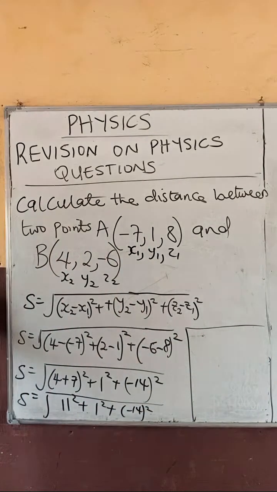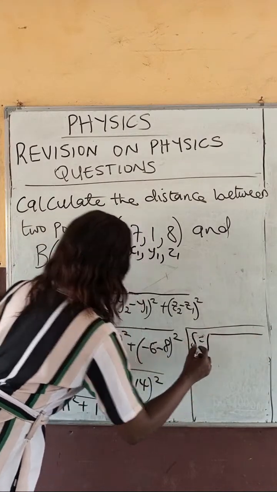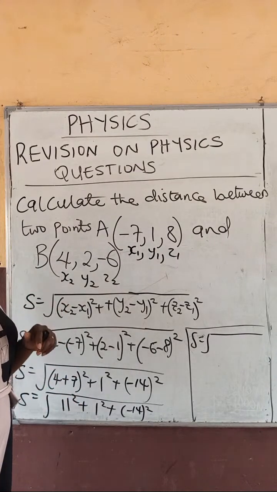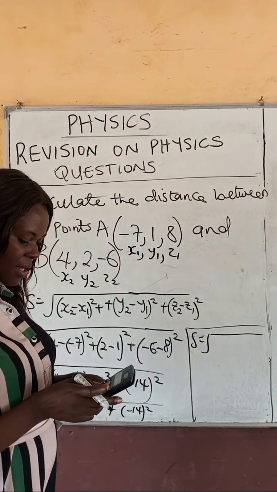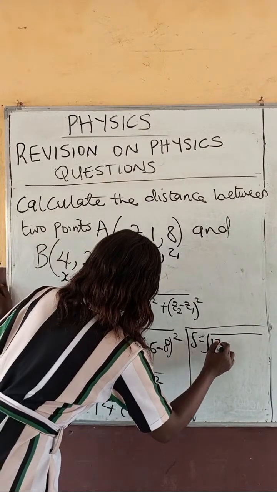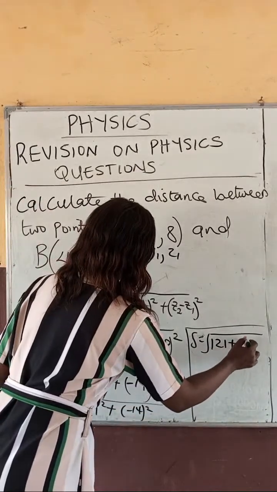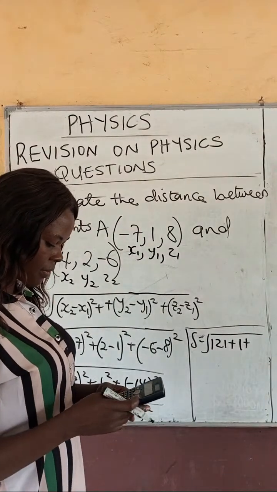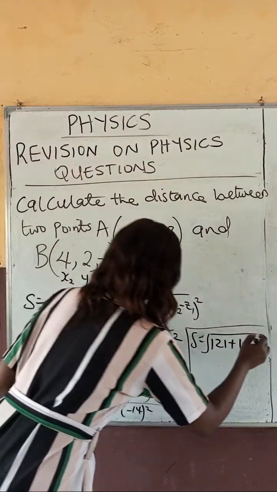So let's finish up here by saying that my x is equal to root of 11 squared, which gives me 121, right? 11 squared is 121, okay? Plus 1 squared is what? 1. Plus 14 squared is what? 14 squared is going to give me 196.